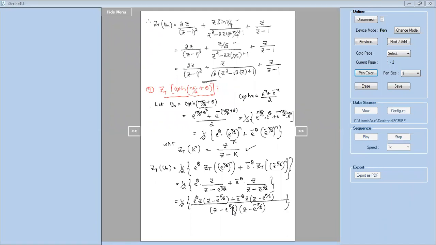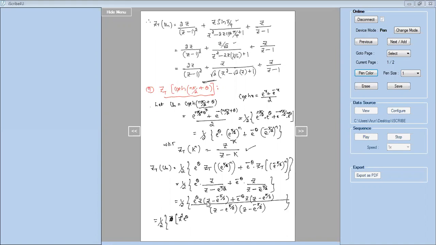So this is equal to 1 by 2 into, let us multiply now. I can observe that Z is common in both the terms. I will take the Z outside, and multiply this e power theta inside. Or we will do one thing, this Z also I will send inside, so the simplification is easy.